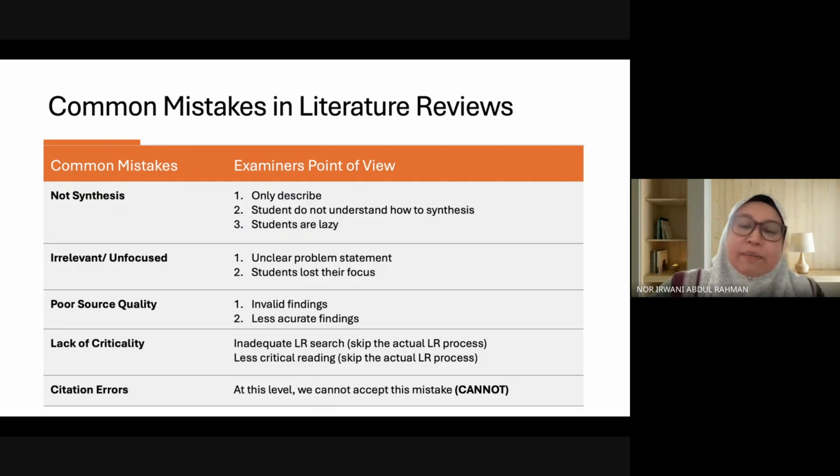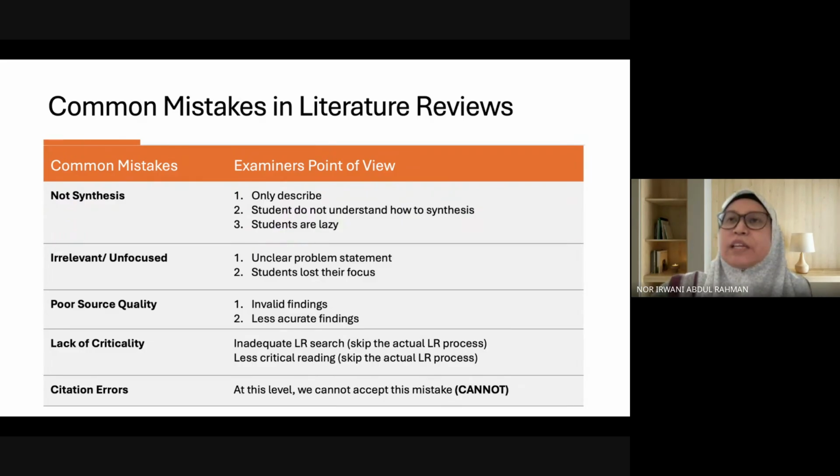Furthering master's and PhD is not for smart students, it's for hardworking students. If you find yourself smart enough, then finish the bachelor degree. Do not continue to master's and PhD. The criterion that defines master's and PhD is being hardworking.